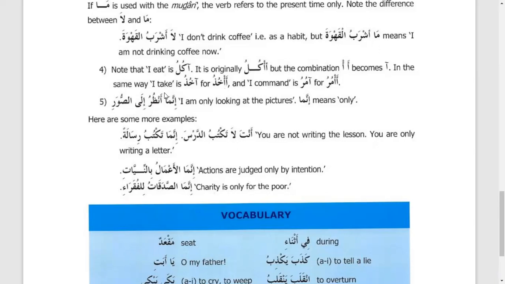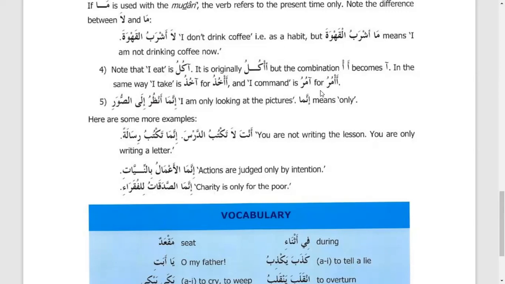Here we have a hamza which is mutaharrika, with alif, fatha, and then the second one is sakina, so it has become akulu. Similarly akhudhu, and similarly amuru. So any verb that has a root letter hamza at the beginning, for example amara, akala, akhada, when we talk about the first person, meaning I, we say akulu, akhudhu, and amuru.